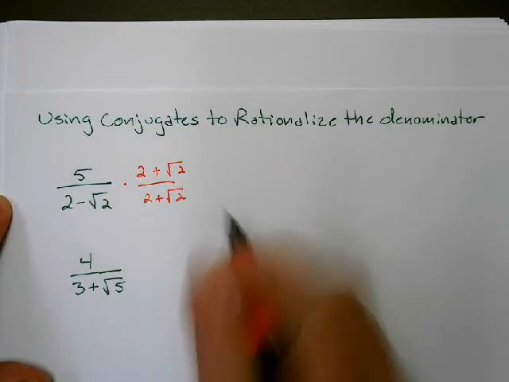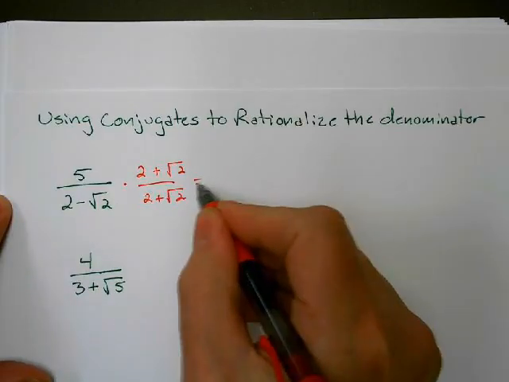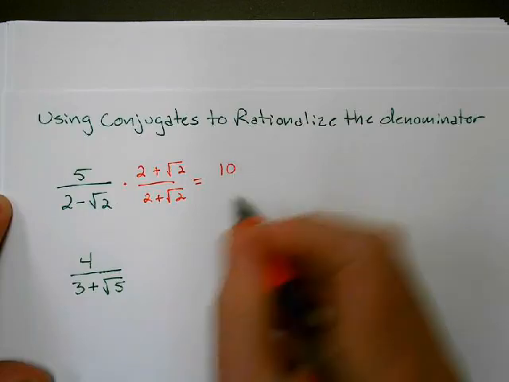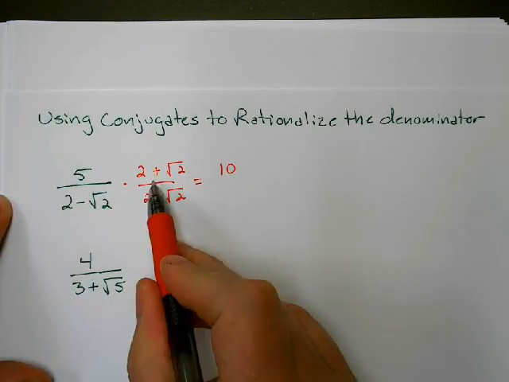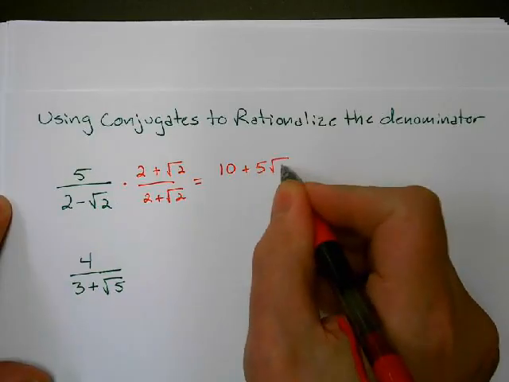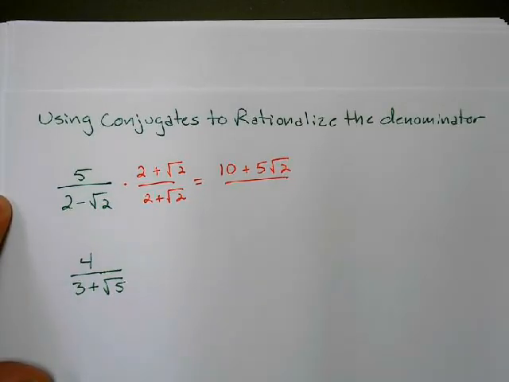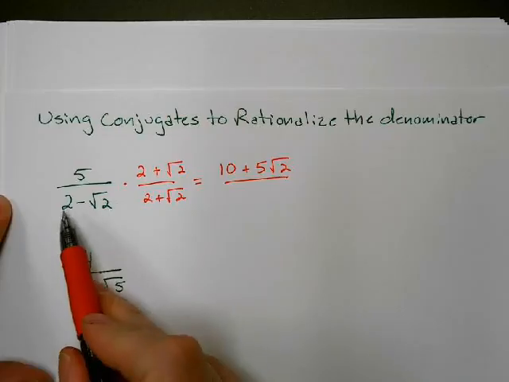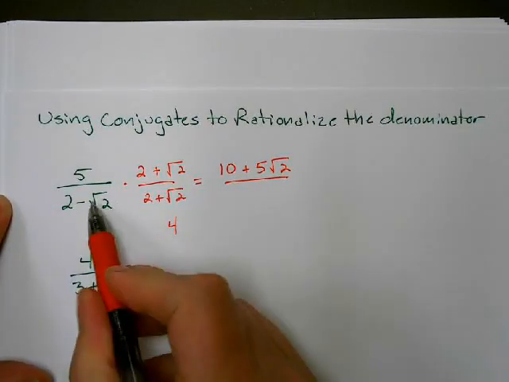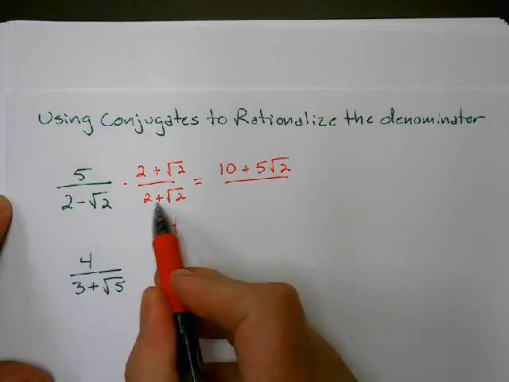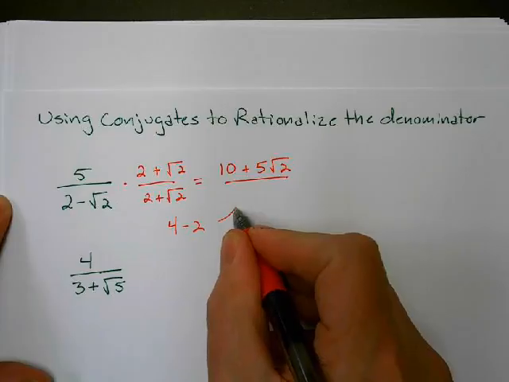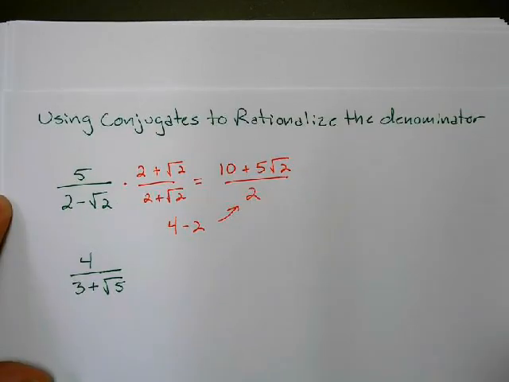Okay, let's multiply the top. 5 times 2 is 10. We're distributing. 5 times positive root 2 would be plus 5 root 2. In the denominator, 2 times 2 is 4. Negative root 2 times positive root 2 would be negative 2. So in the denominator, we would have 2, and now we have rationalized the denominator.